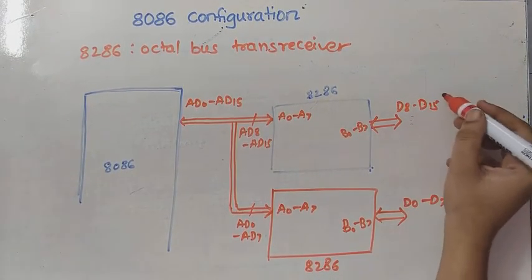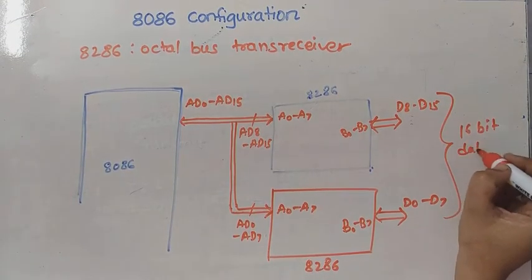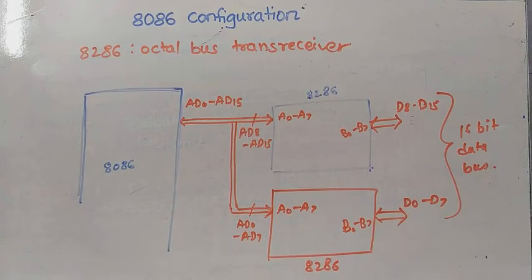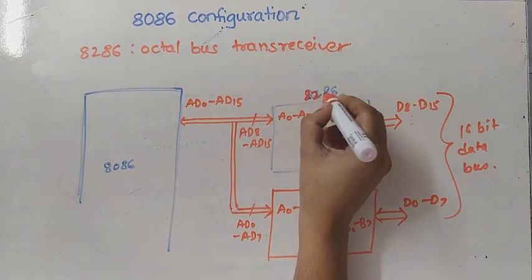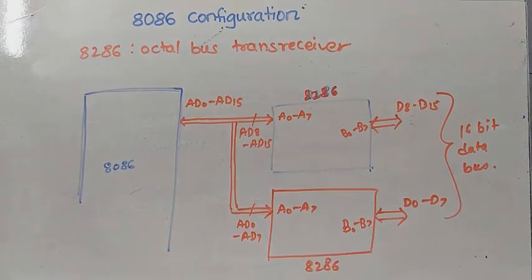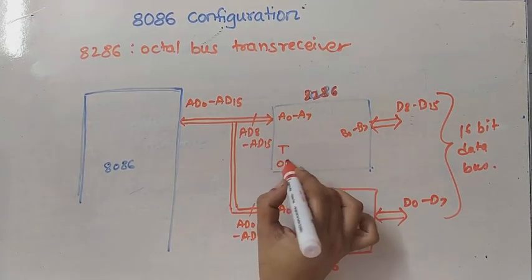In this way, a 16 bit data bus we are getting with the help of the 8286 octal bus transceiver. Okay, similarly here two more pins are there, T and OE bar.